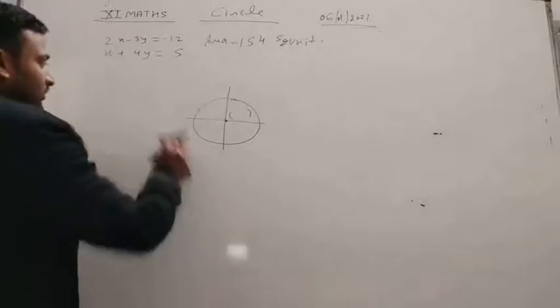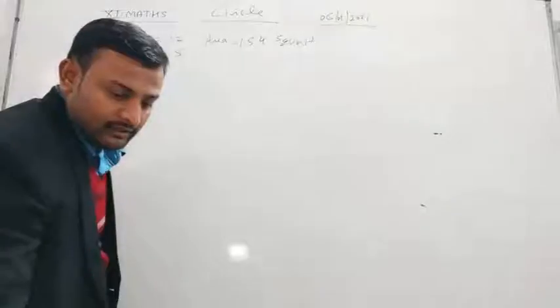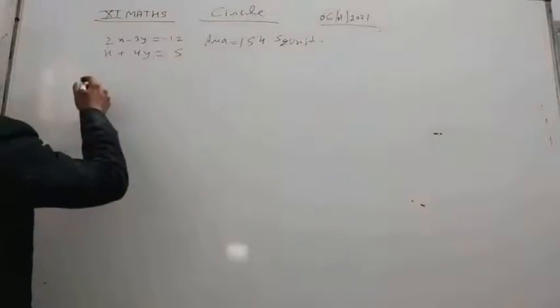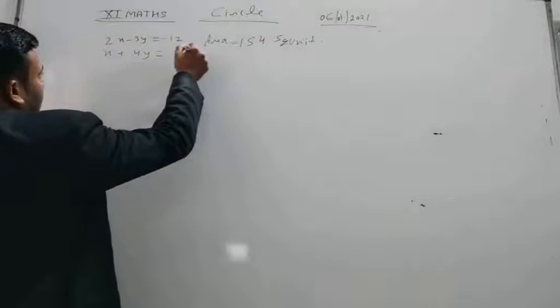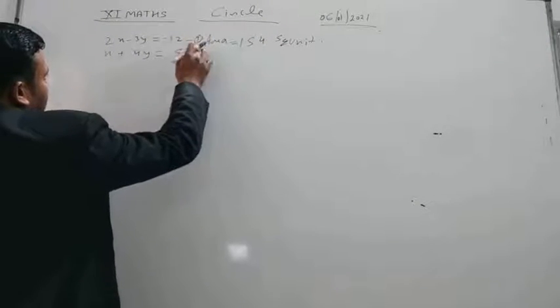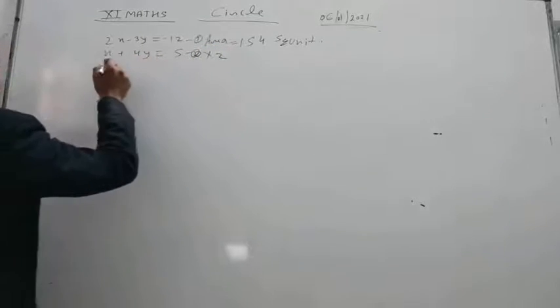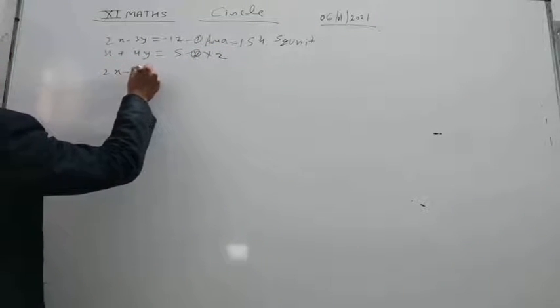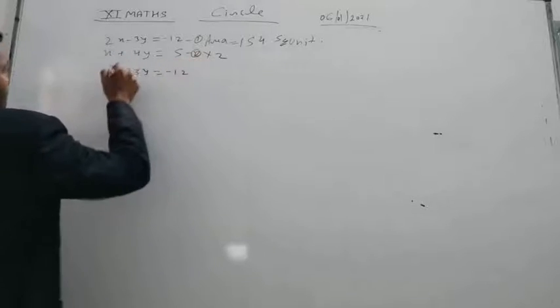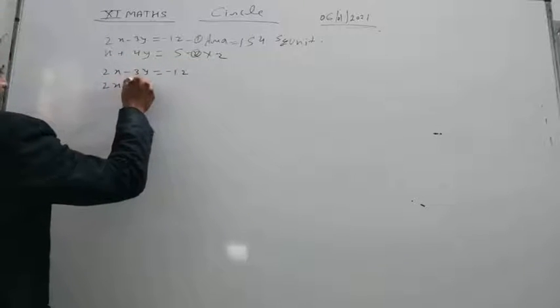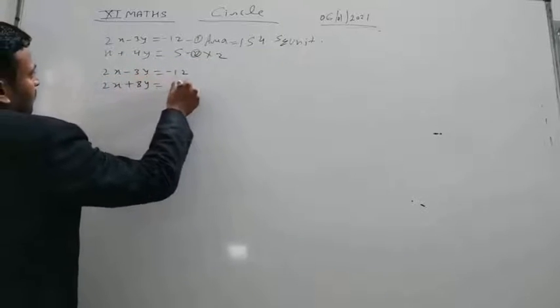First of all, solving these two equations, this is our first, this is second. We will multiply the second by 2, we get 2x minus 3y is equal to minus 12 and 2x plus 8y is equal to 10.